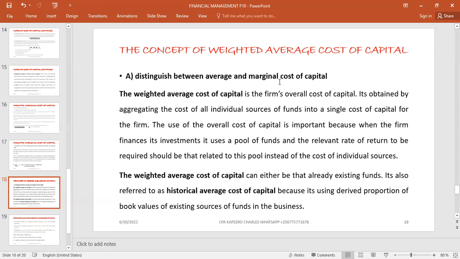When you're buying these assets, we use different money from different sources. So we combine and we get one required rate of return that we are going to be using on such investment. The reason why we are combining is because different sources contributed to the capital we used to buy those assets.